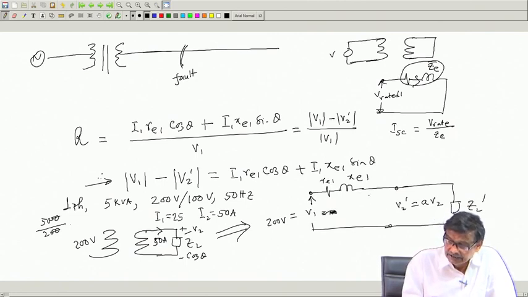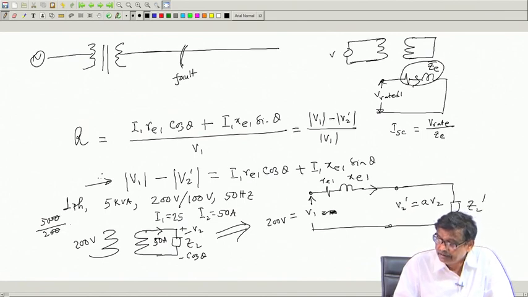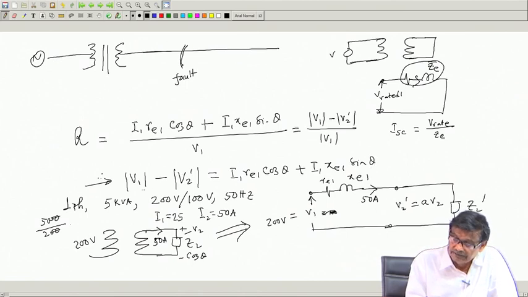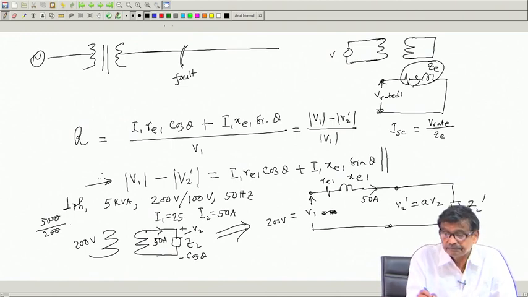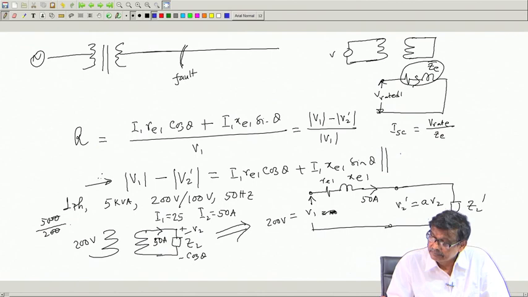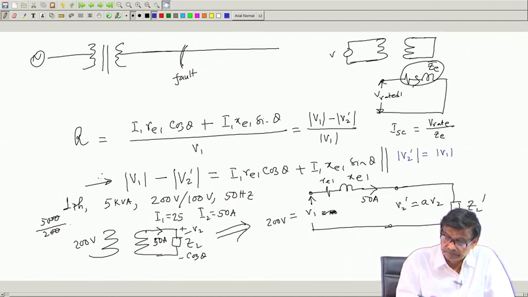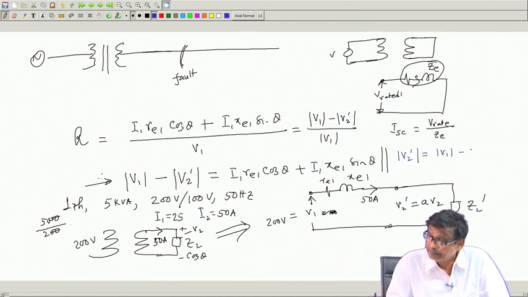Now, if rated current is flowing, 25 ampere there and 50 ampere here, I will use this formula and say that the magnitude of V2 dashed is equal to the magnitude of V1 minus I1 Re1 cos theta plus I1 Xe1 sin theta.